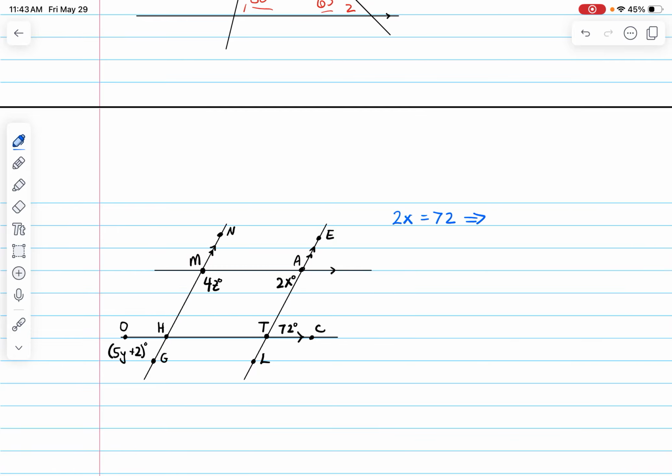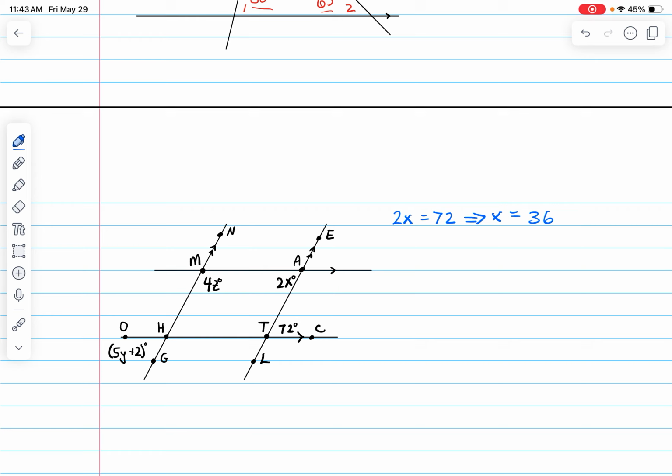That means that x is equal to what, 36? Yeah. So x is equal to 36. Well, heck, that's part of what we needed to figure out. And we've got that already.